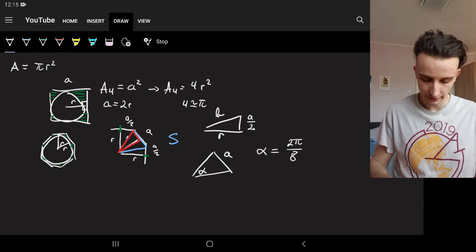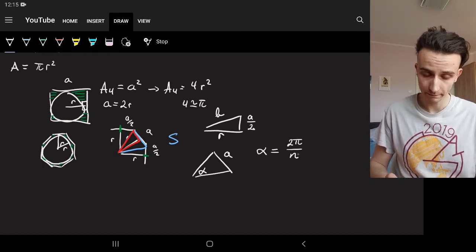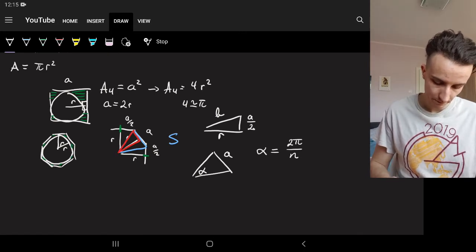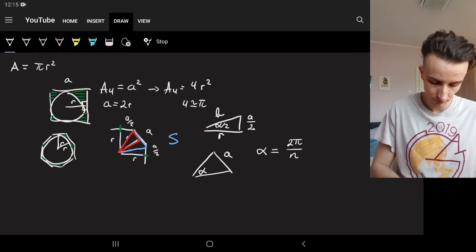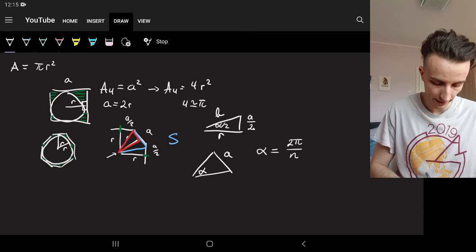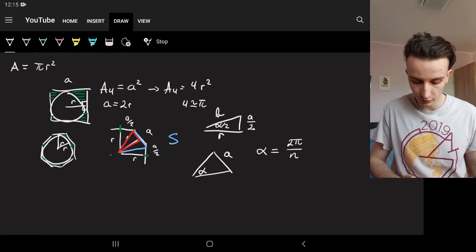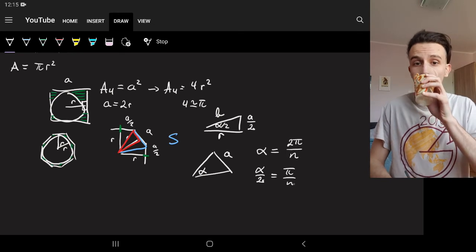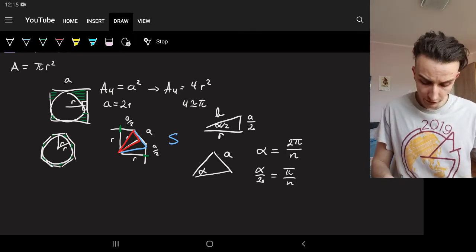And in the case of an n-gon, it would be over n. So alpha is 2 pi over n. Okay. And from here, this angle is just half of alpha, as you can see from the red triangle and the blue triangle. So alpha over 2 is pi over n.